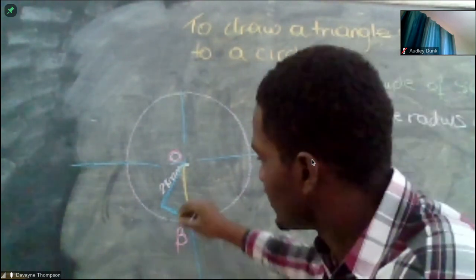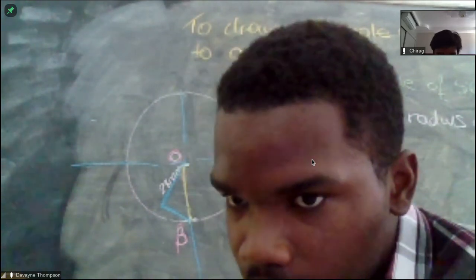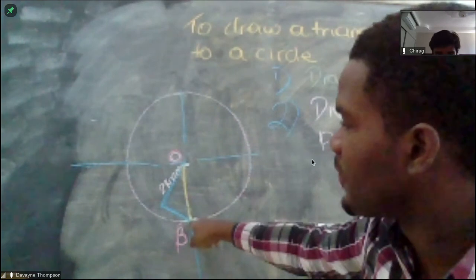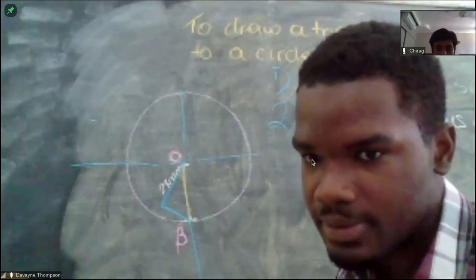Wait, 28 meaning the radius itself wouldn't it touch the circumference of the circle? Yes, it would. It's touching the circumference right here. From the center to the circumference right here, B, is 28 millimeters.